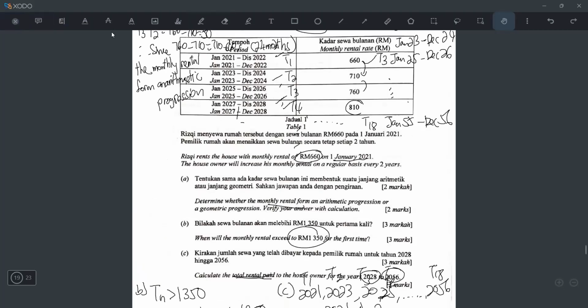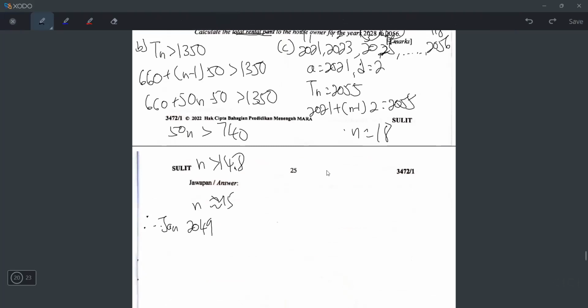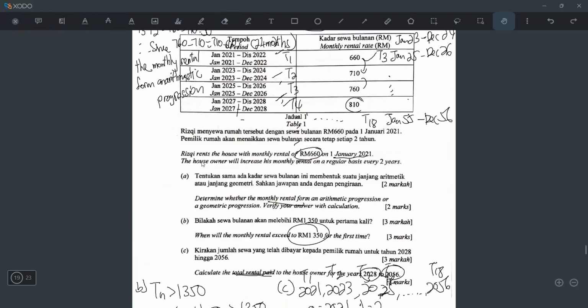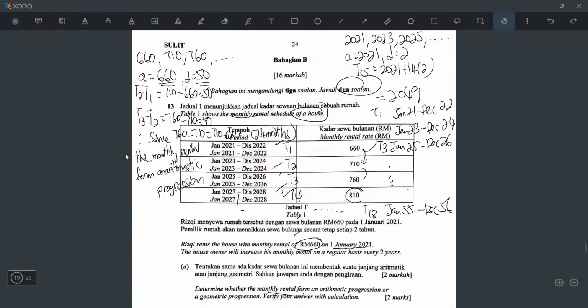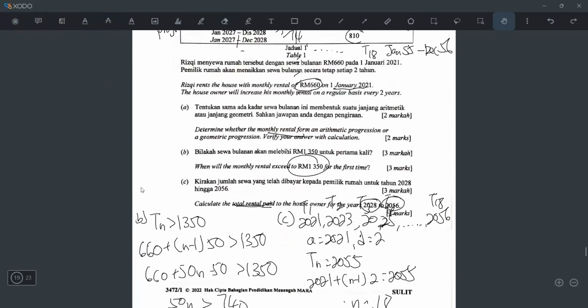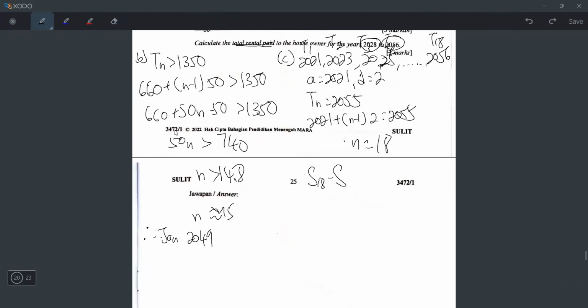So now I think I know how to do already. It means I will find the S18 minus the S, because they want the total rent paid by the other, right? So what you do is you take the sum of the first 18 terms, minus with the sum of how many terms?